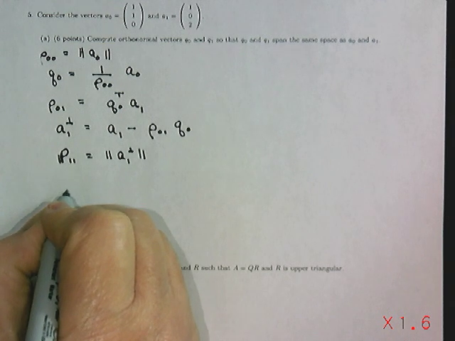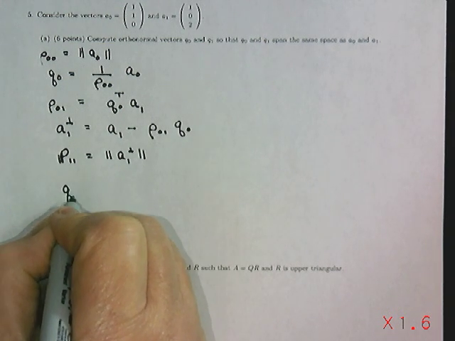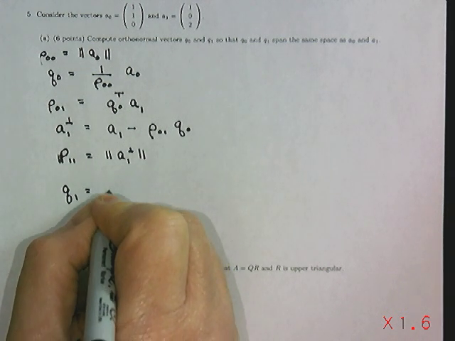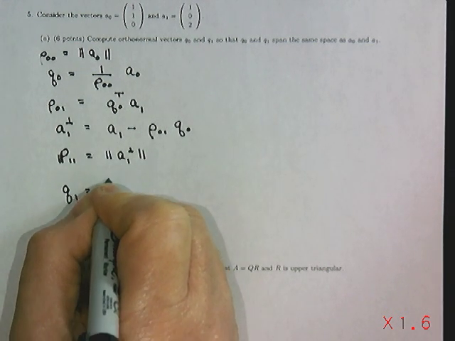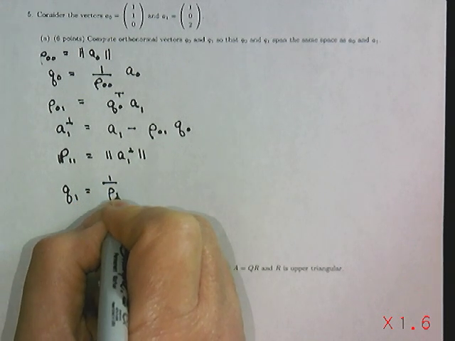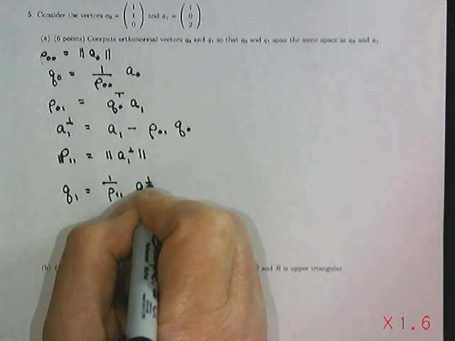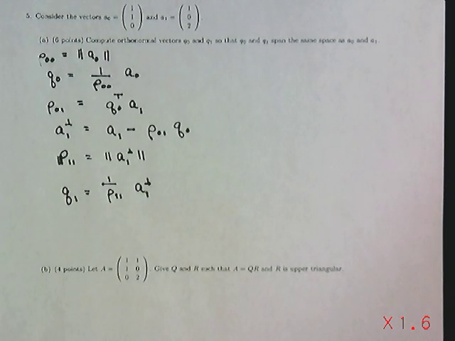And finally, q sub 1 is 1 over rho sub 1, 1 times a sub 1 perp. So let's see if we can do that.